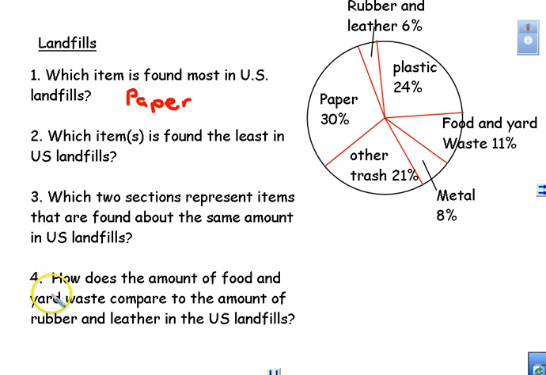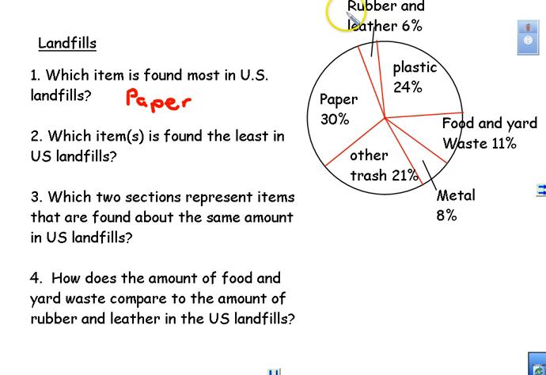Now number two says which item or items is or are found the least in the U.S. landfills. So go ahead and hit pause and solve that. Well, since we look at all these, there is one that specifically stands out that is smaller than all the rest, which is 6.